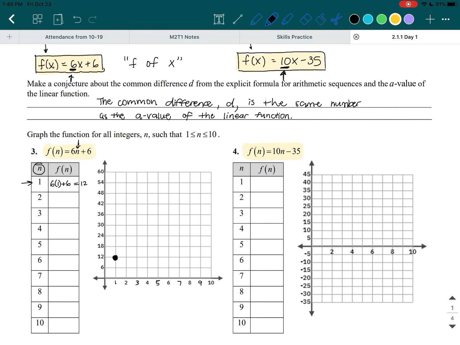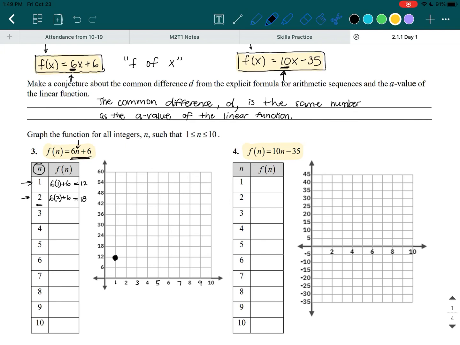Let's take a look at the next problem. The next problem says our n value is 2. So what number am I going to plug in? 2. 6 times 2 plus 6. I'm using this equation and replacing the letter n with the number 2. So when you add this together, or multiply it and then add together, you will get 18.